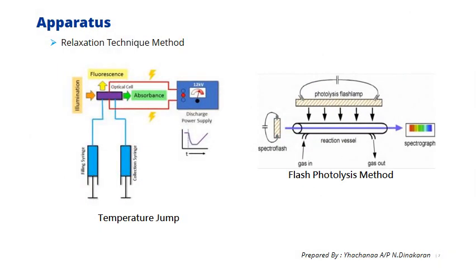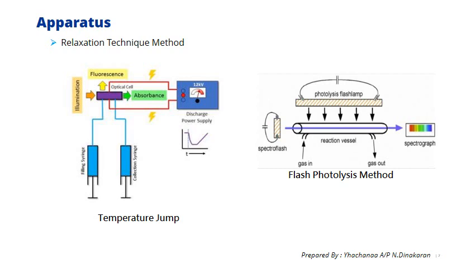As for relaxation techniques, one method available is temperature jump. The apparatus needed for temperature jump are syringes, optical cell, and a power supply, and it will be prepared as shown in the figure in the slide.